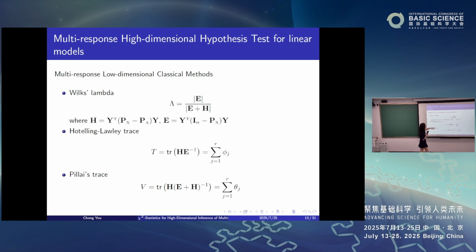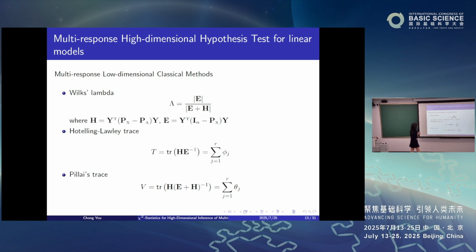So this E here you can consider as the best fit under the null hypothesis, and the sum of those two will be the best fit under the alternative hypothesis. So this is the ratio of the two likelihoods.